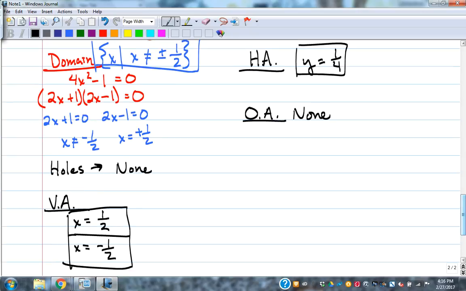Next thing we want to do is finish off the things with the asymptotes. So we want to decide, does the graph cross y equals 1/4? Crossing that horizontal. So does f of x cross y equals 1/4?